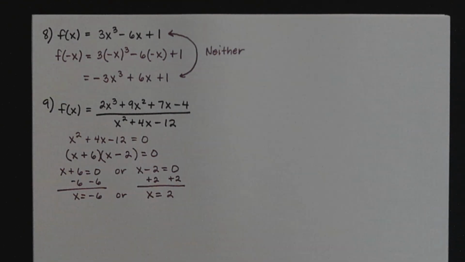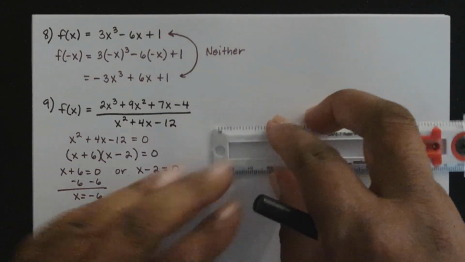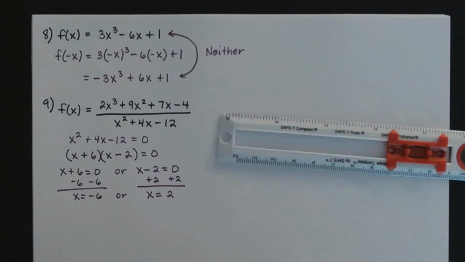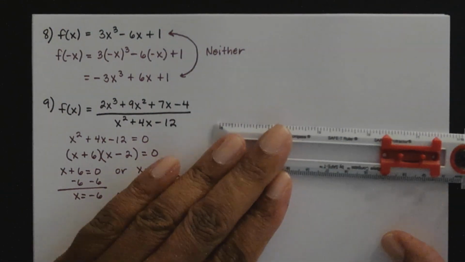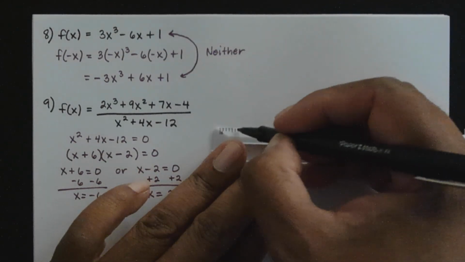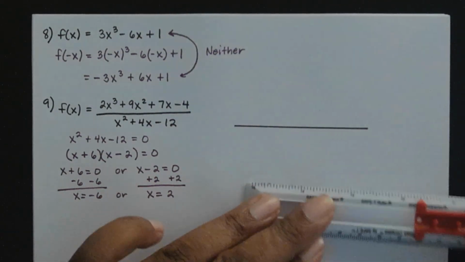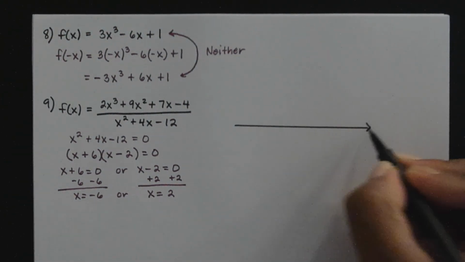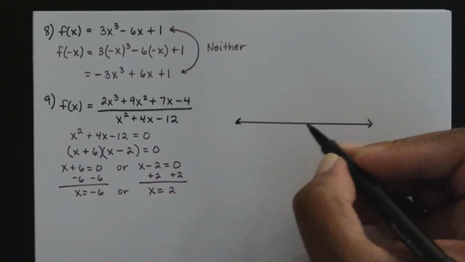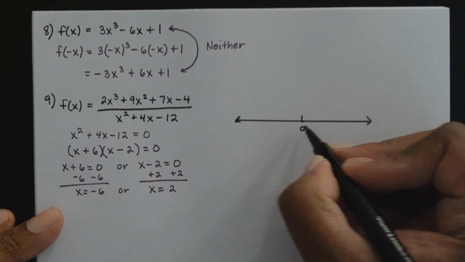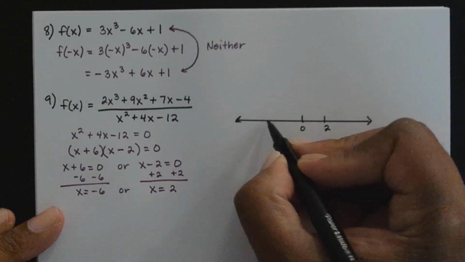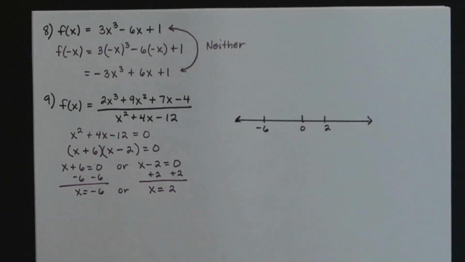Now, the interval notation for this, and it is not necessary that you draw a number line, but if this helps, feel free to do so. So let's say here's 0 here. Negative 6 is to the left of 0, and 2 is to the right of 0.